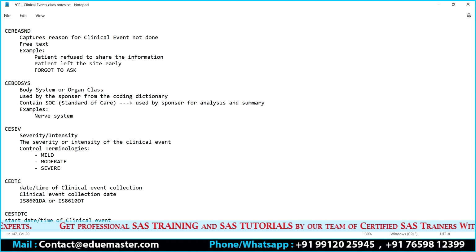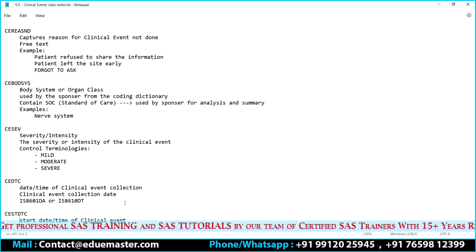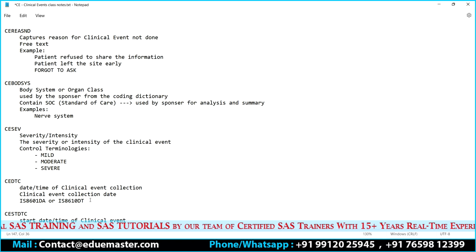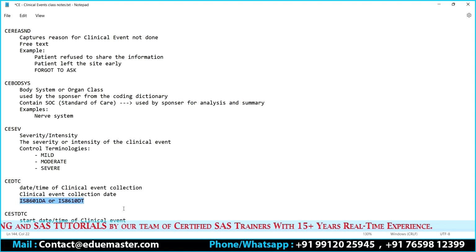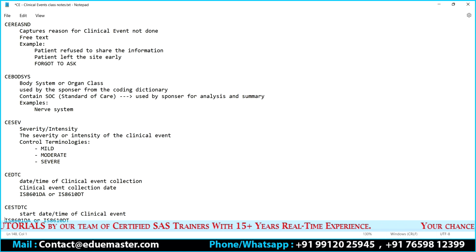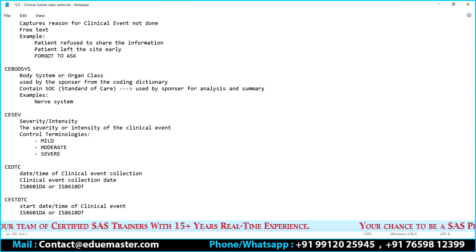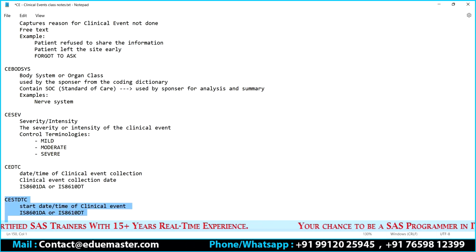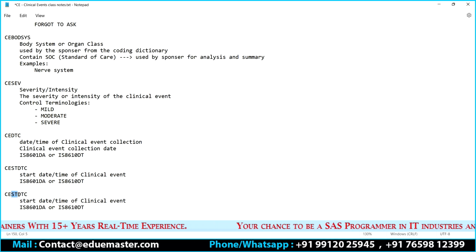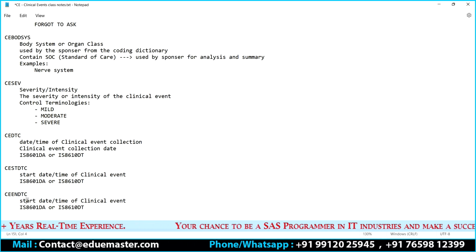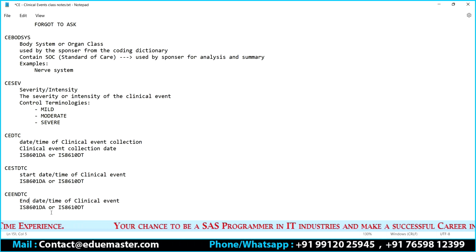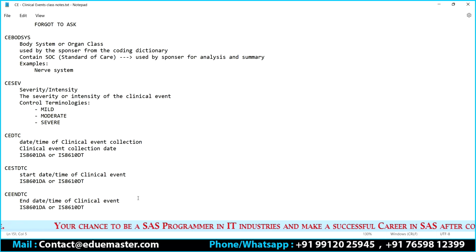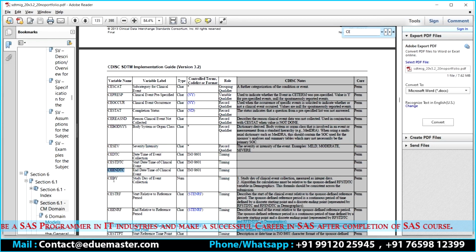Am I correct or not? It is going to be start date and time of the clinical event. Again, it is going to be in character format, in ISO 8601 DTC. The same one, if I go with the end date, it is going to be this one. End date and time of the clinical event. Am I correct?